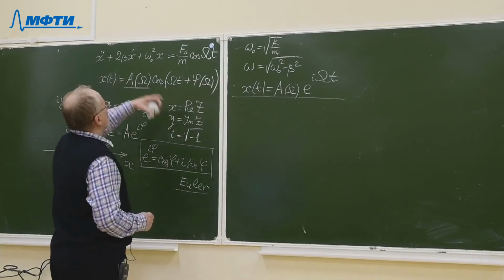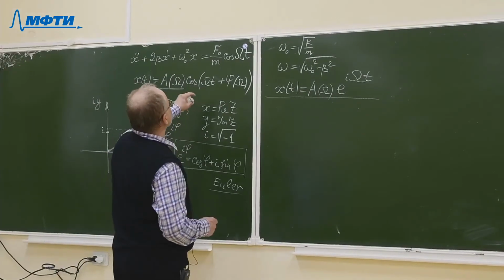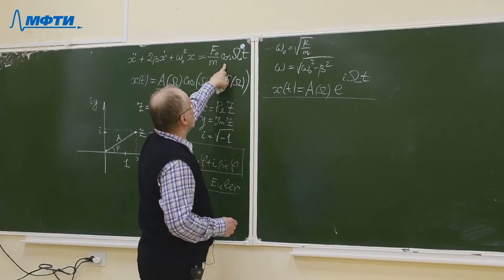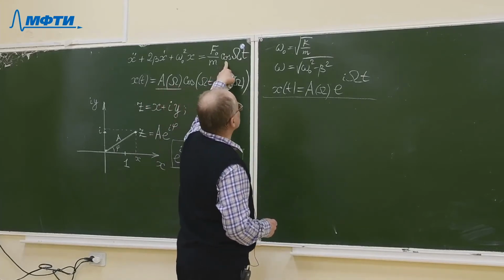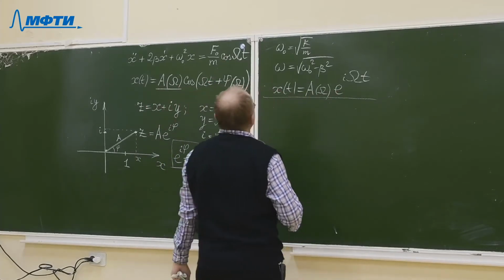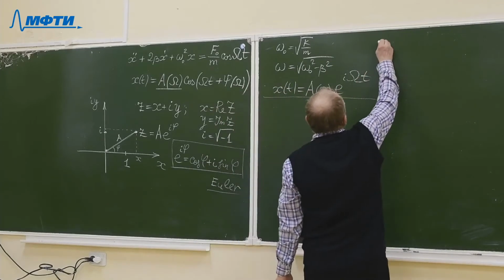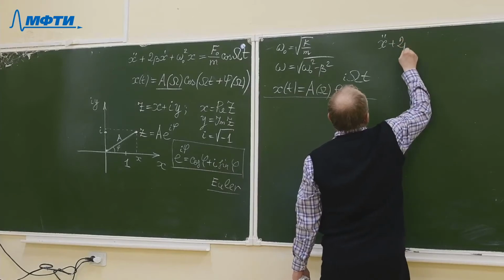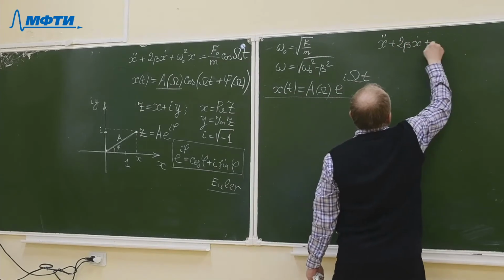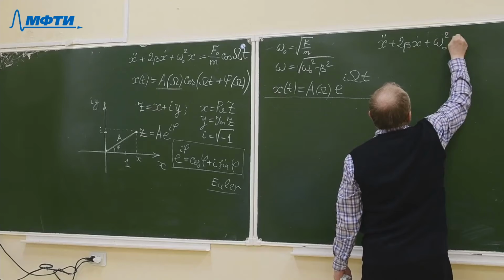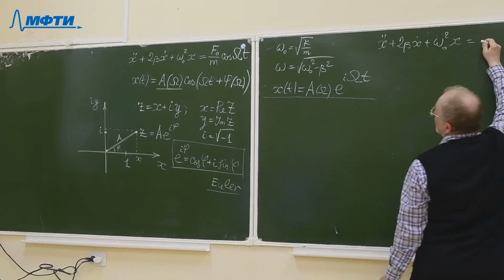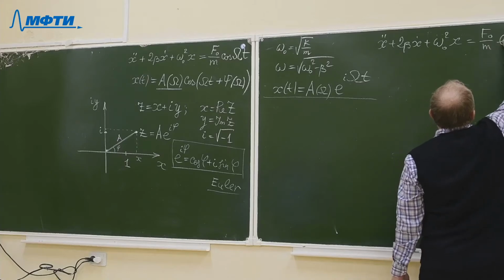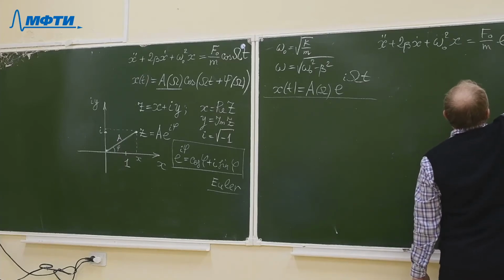And the cosine omega t here will also be substituted by the exponent, so that the equation will become: x double dot plus 2 beta x dot plus omega 0 squared x equals f0 divided by m exponent i omega t.